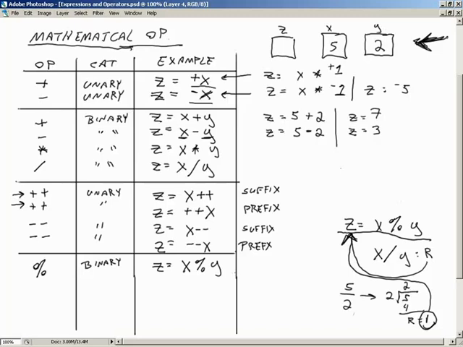All right, so that's modulus, and from here, we're just going to wrap up the rest of our mathematical operators with some mathematical assignment operators, and you have already seen these. We're going to take a look at plus equals, minus equals, multiplication equals, divide equals, and you also have modulus equals, though we're not going to cover that here, but I'm just going to throw it out there.